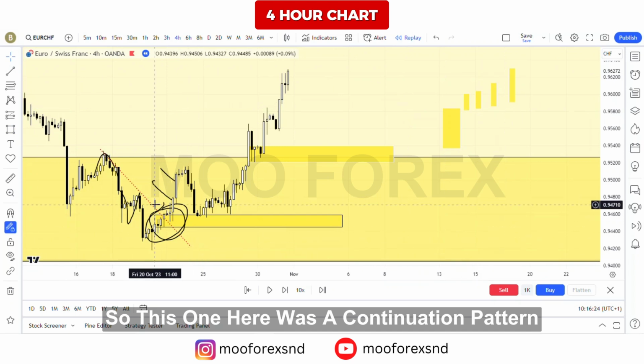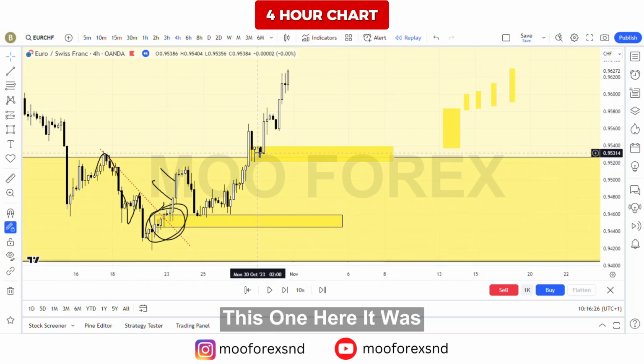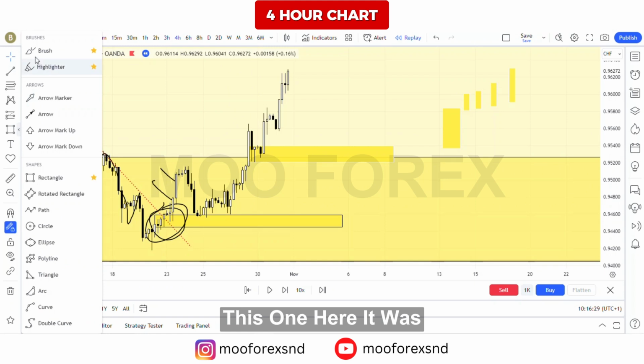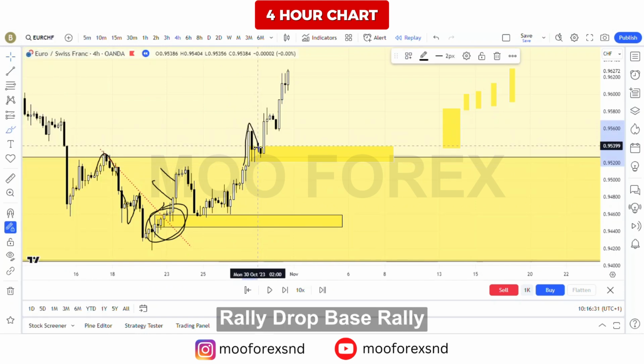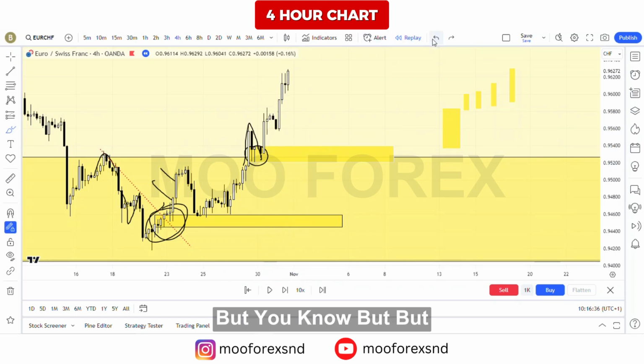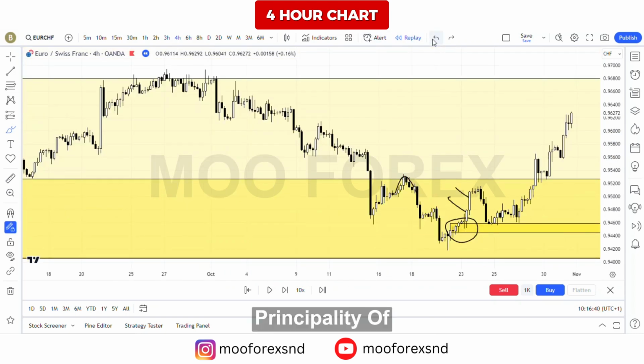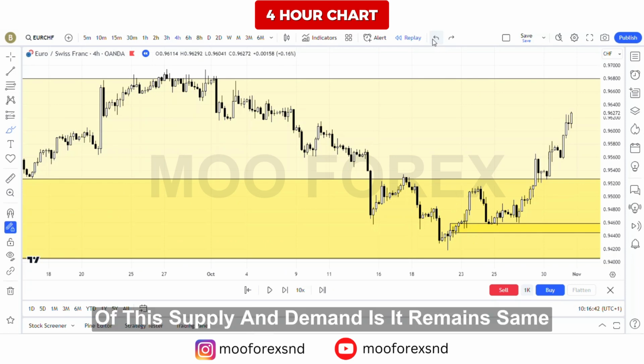So this one here was a continuation pattern, and this one was rally drop base rally. But the principle of this supply and demand remains the same.